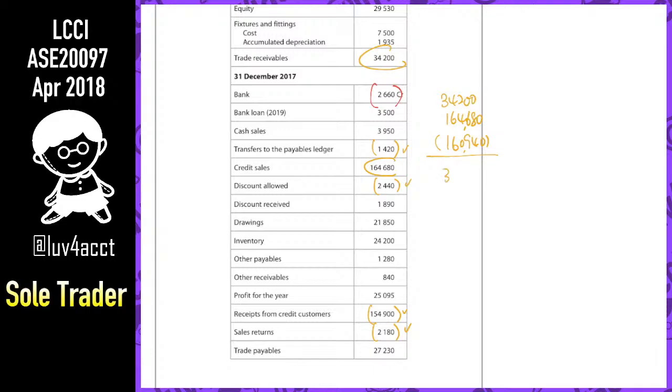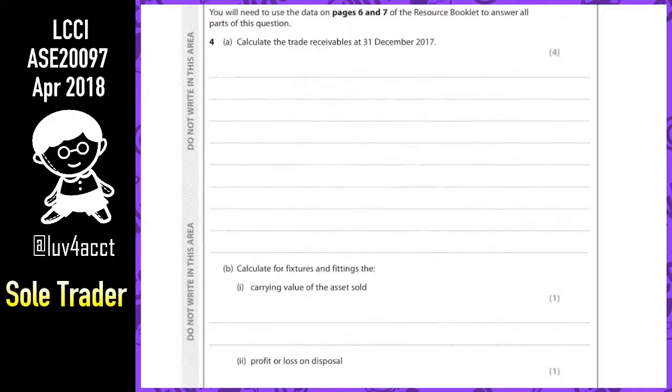Okay, that will be 37940. I'm not going to repeat the calculation, so let us just put it here: 37940.